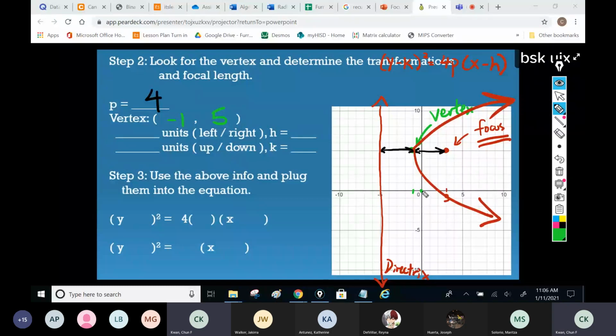Compared to the origin, you are 1 unit to the left, and then you are 5 units up. 1 unit to the left, 5 units up.